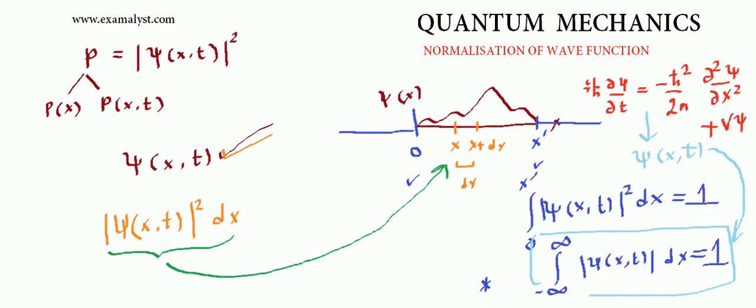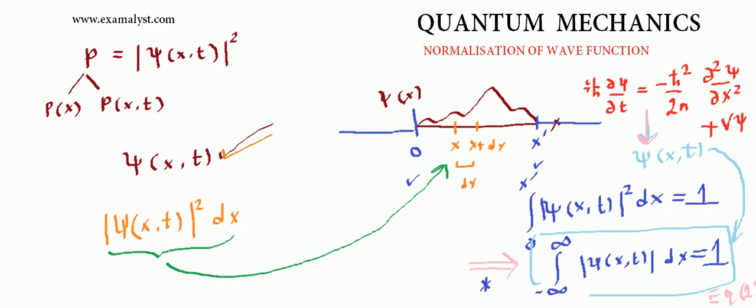If you go backward, then the backward idea says that any solution of Schrodinger equation must satisfy equation number 1. This is called the normalization condition. This particular equation number 1 is the condition imposed on the solution of Schrodinger equation.